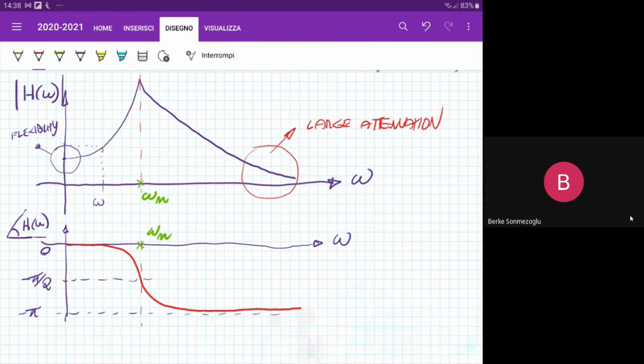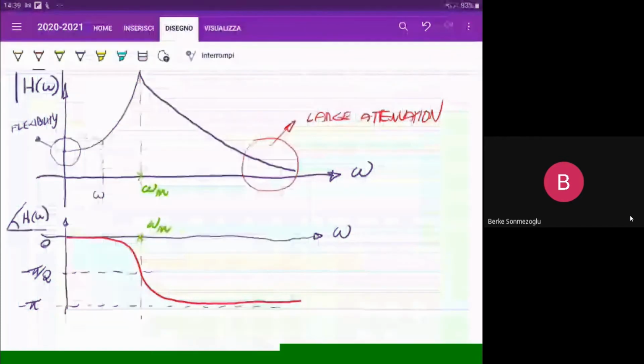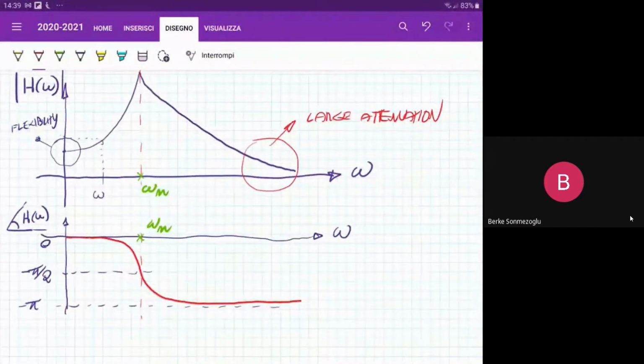As soon as the frequency becomes greater and is approaching the natural frequency, what we can see is that we have a phase such that the response of the system is, let's say, no longer extracting energy as the system is excited by a frequency that is crossing the omega n.